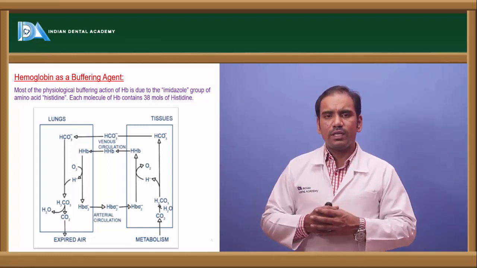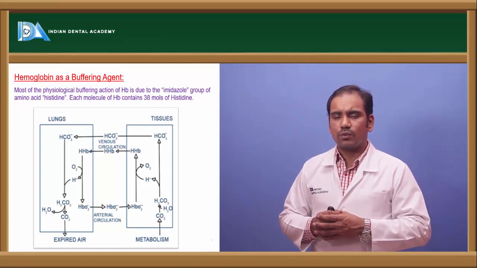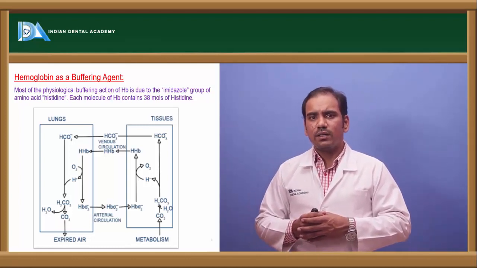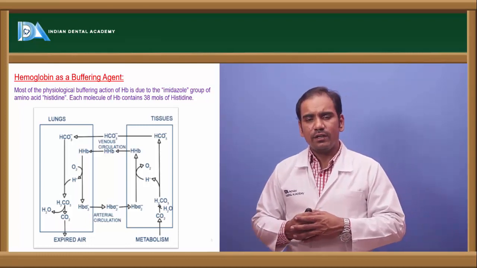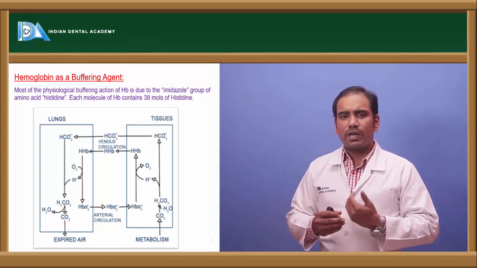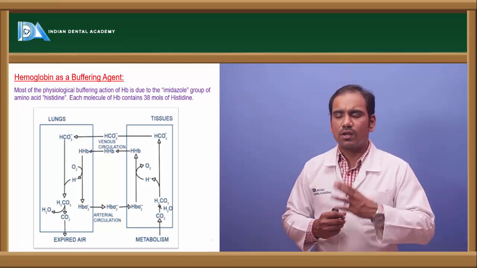They react again with the bicarbonate and are converted to carbonic acid, H2CO3. That carbonic acid is again dissociated into carbon dioxide and water, right? That carbon dioxide is expelled from the lungs. In expiration it is lost.